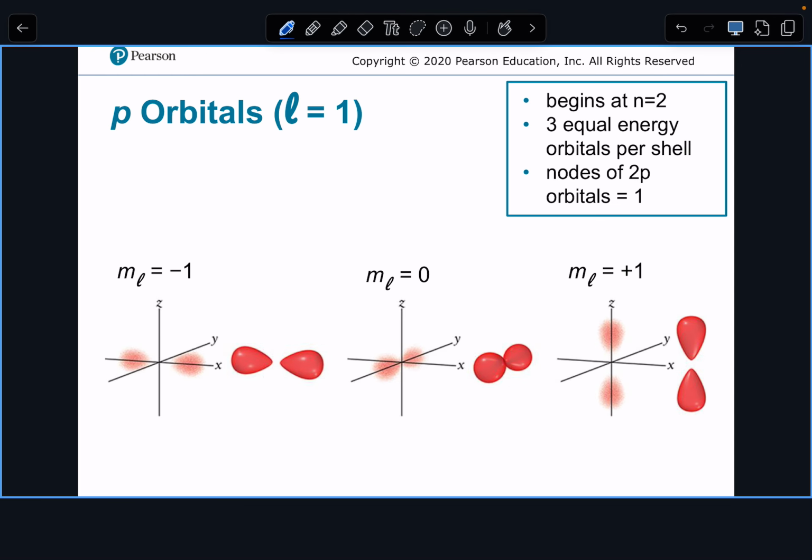The subshell here would be n equals 2, L equals 1, and there would be 3 different orbitals with the following M sub L values: -1, 0, and +1. Physically, they just mean which orbital you're talking about: the one pointed this way, or that way. But they're all equal in energy. 3 equal energy orbitals.